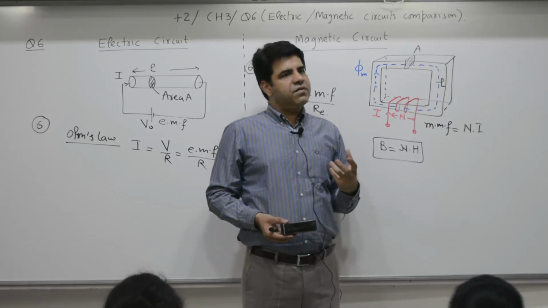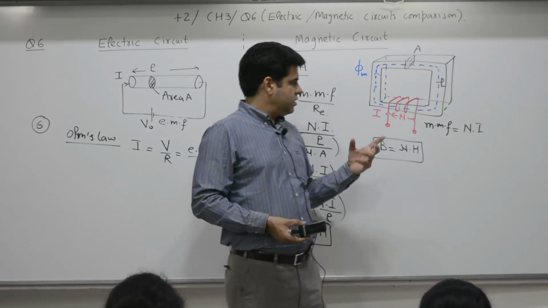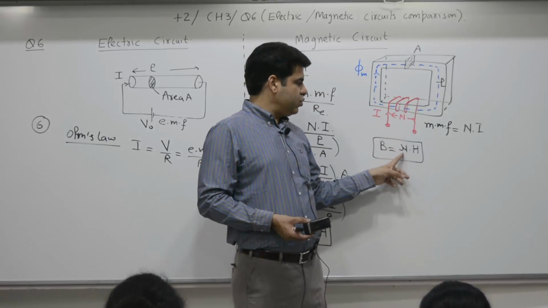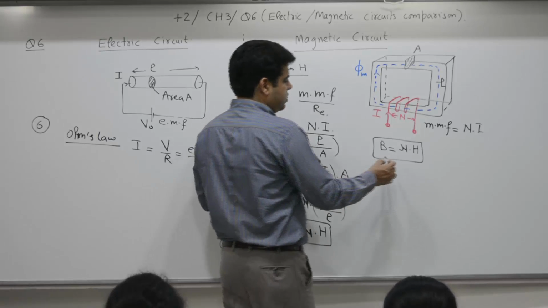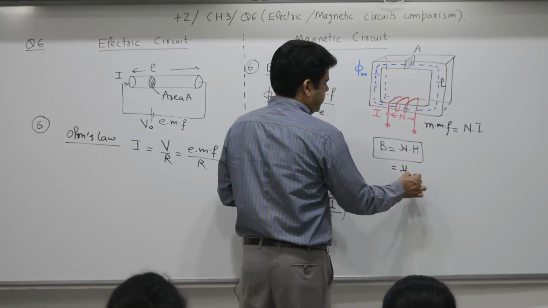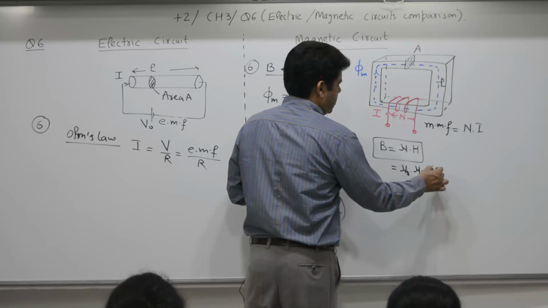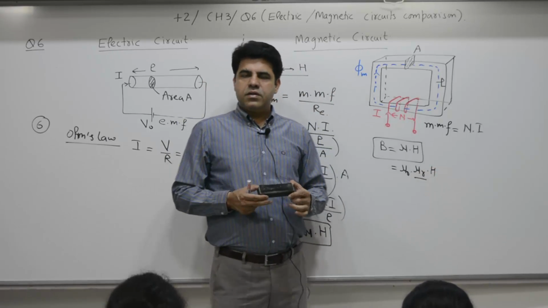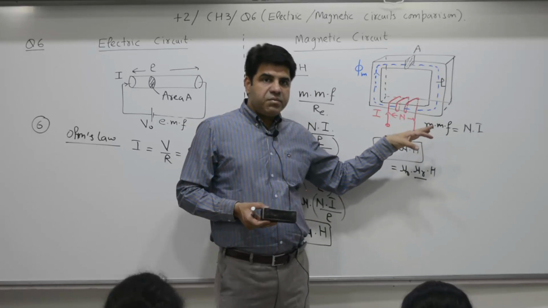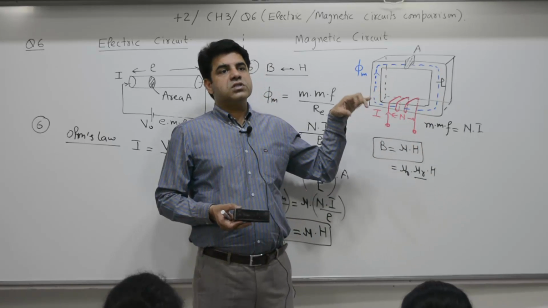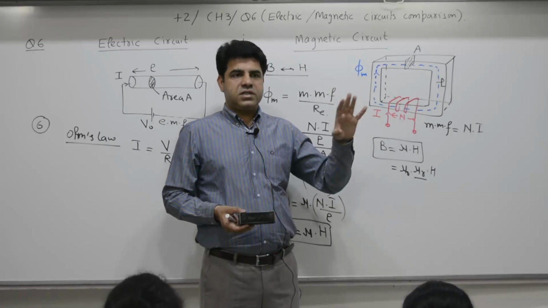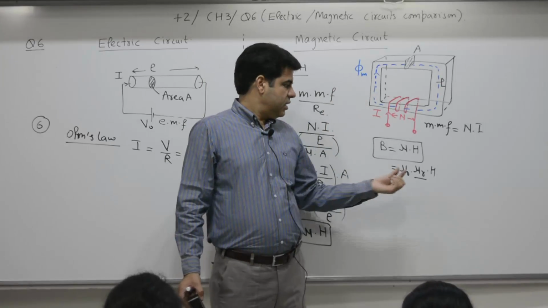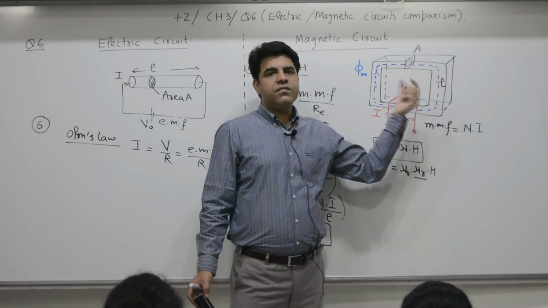Iron is a good material for magnetic flux. If you use iron, mu R will be how many times? 1000 times. So with the same current, you can produce 1000 times magnetic flux. That is why you will use soft iron for making this.